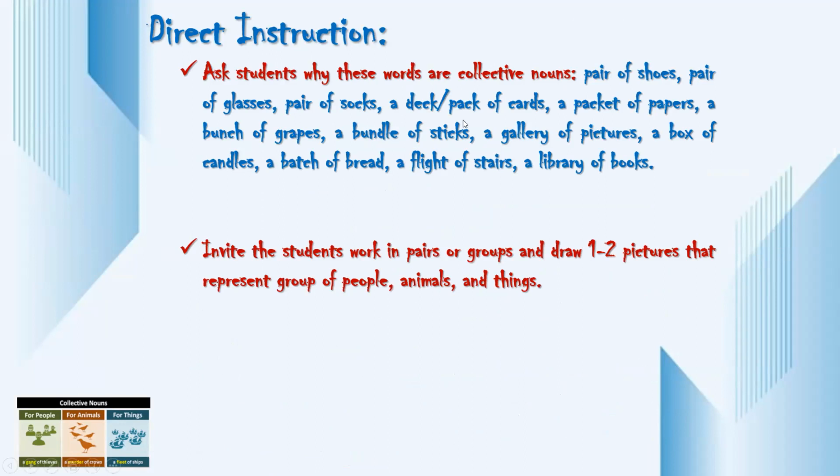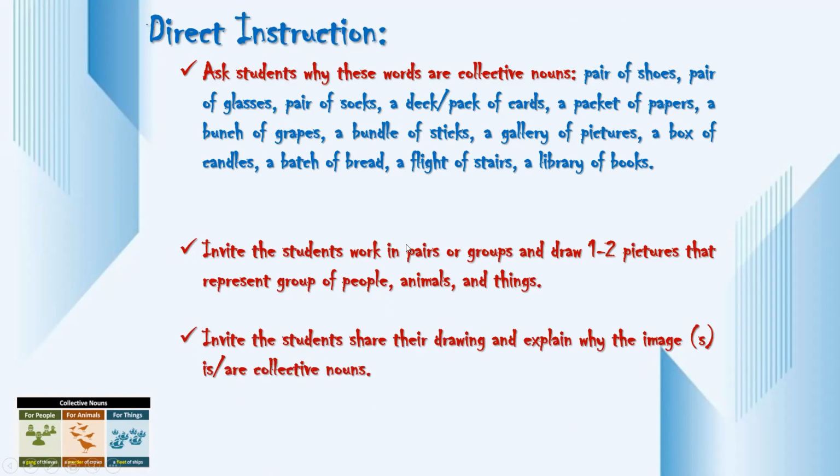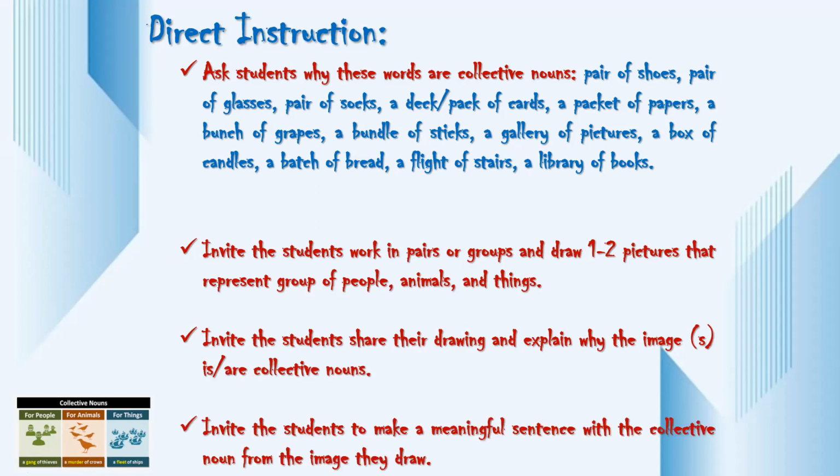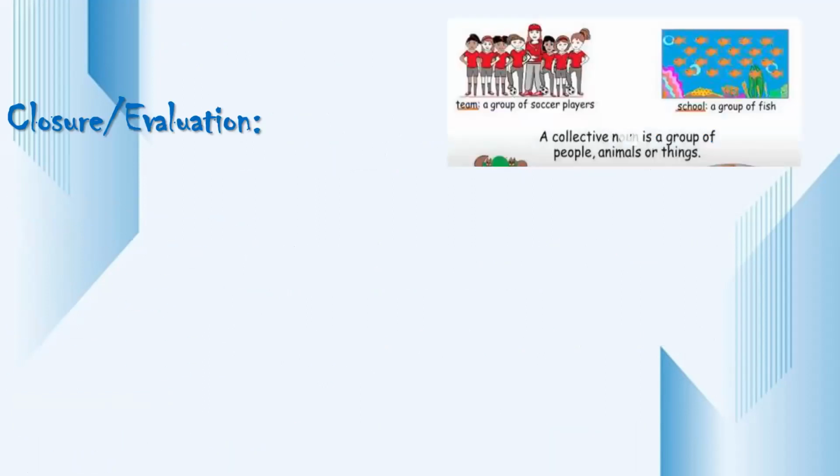Encourage them not to use what we already presented. Invite them to share the drawing, explain why the image is a collective noun, and whether they see what they drew in everyday situations. Invite them to make a meaningful sentence with the collective noun from the image they drew.